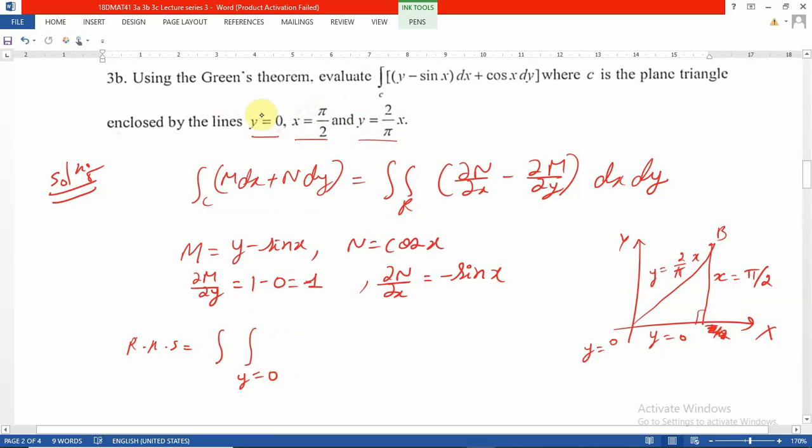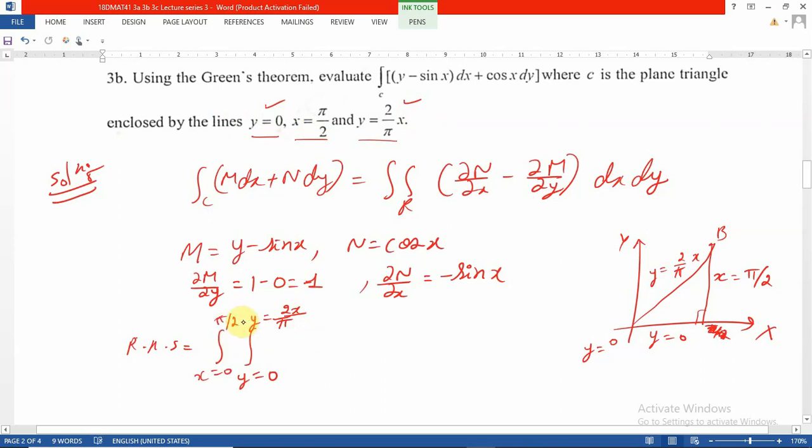So two things are clear from the given question only, y is 0 and y is equal to 2x divided by pi. So only x we have to find, means x is pi by 2, the upper limit they have given pi by 2, lower limit please consider it as 0. So x is here 0 to pi by 2 from the given equation itself.